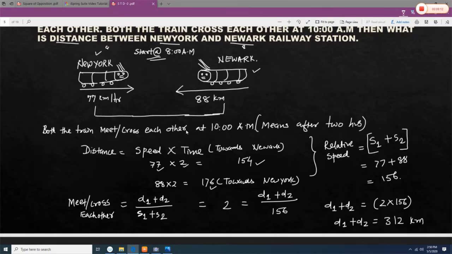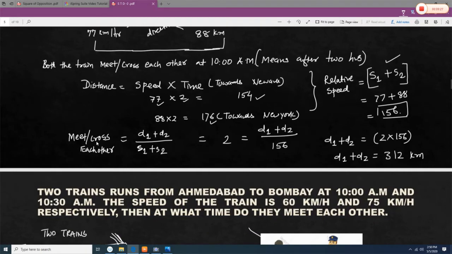Because they are moving in the opposite direction, therefore we are adding the speeds. So their speed is 165. Now, distance is 165 multiplied by 2, that is 2 hours, so 330.